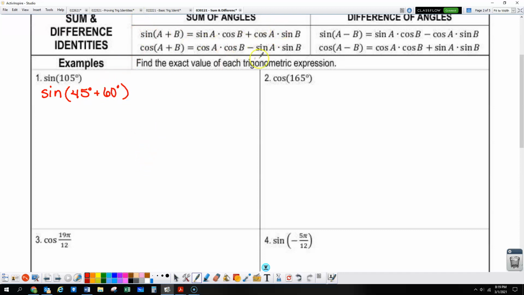That means we are using sine of two angles being added. So sine of A, which is 45, times cosine of B, which is 60, plus cosine of A, which is 45, and sine of B, which is 60.